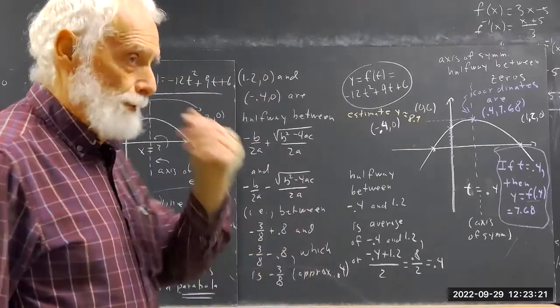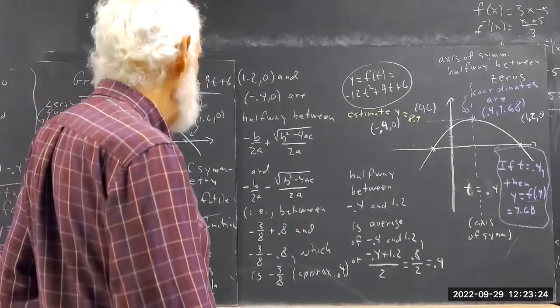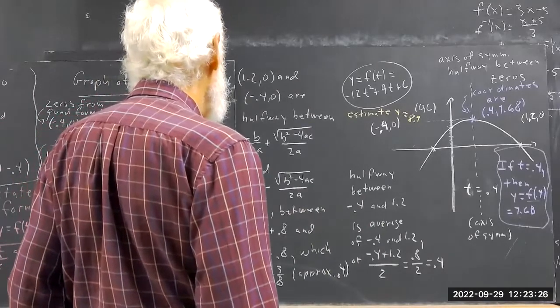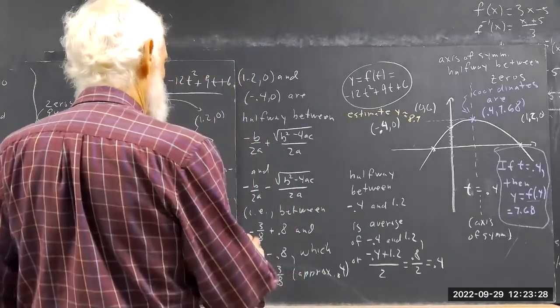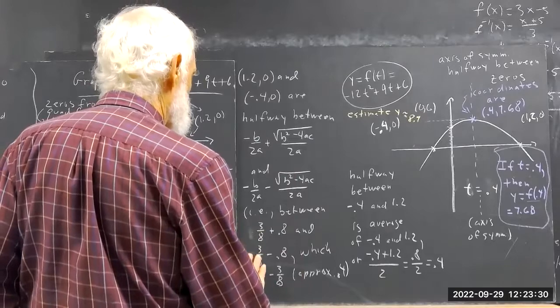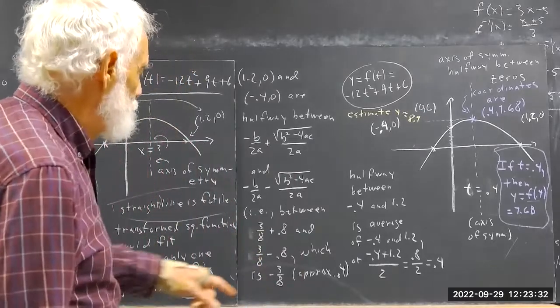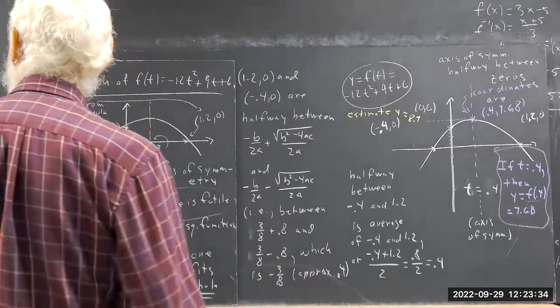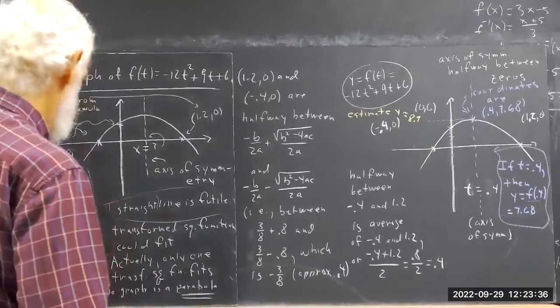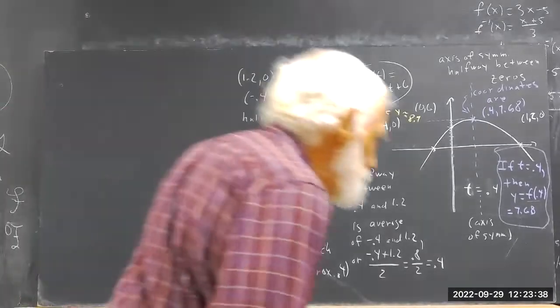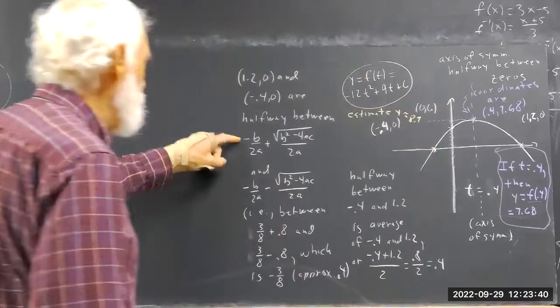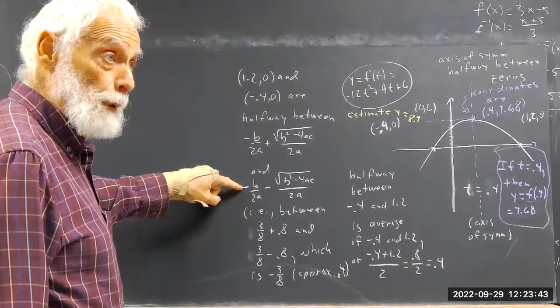Approximately 0.4. Halfway between the two things you get from the quadratic formula.